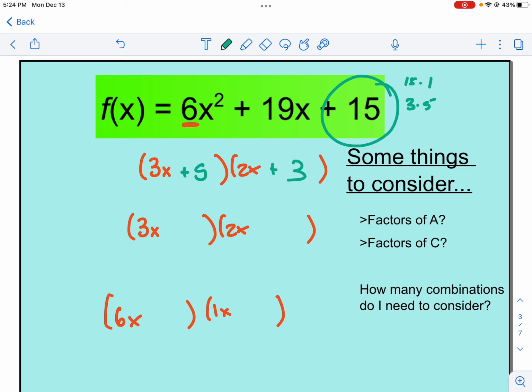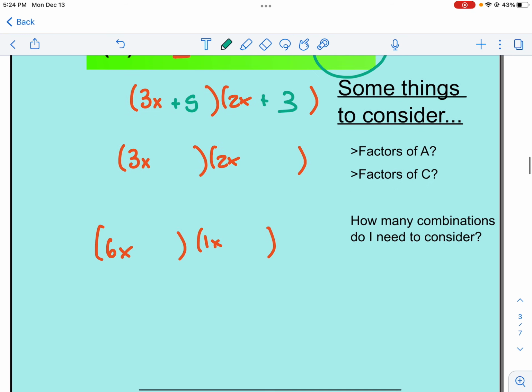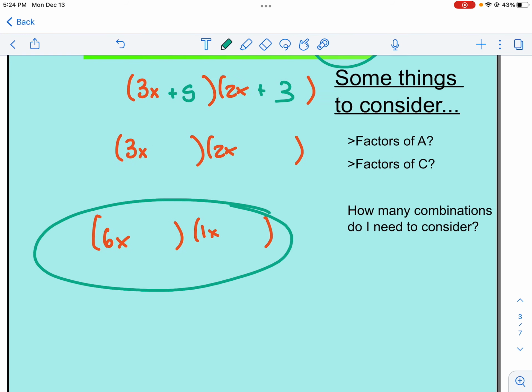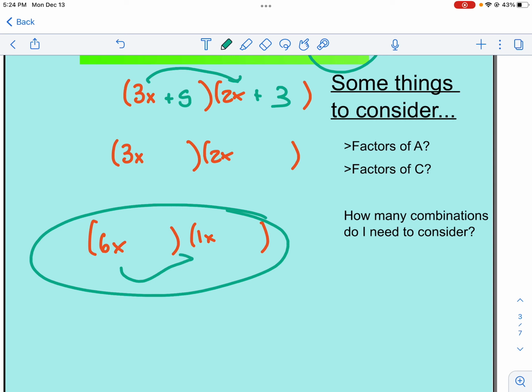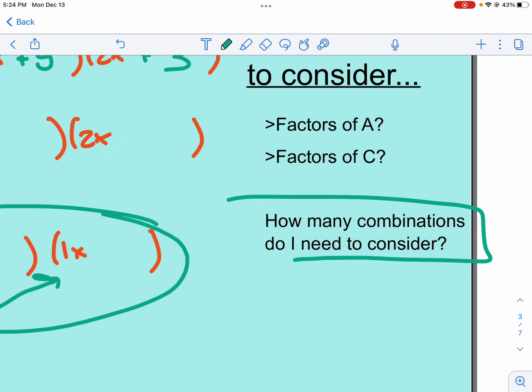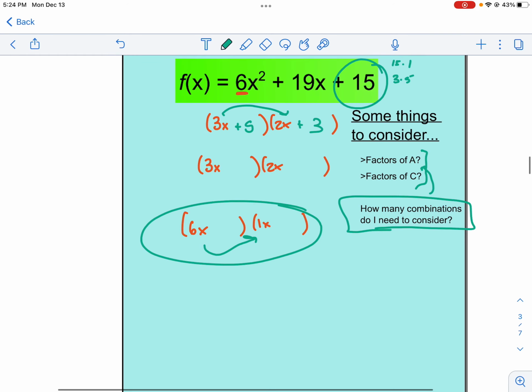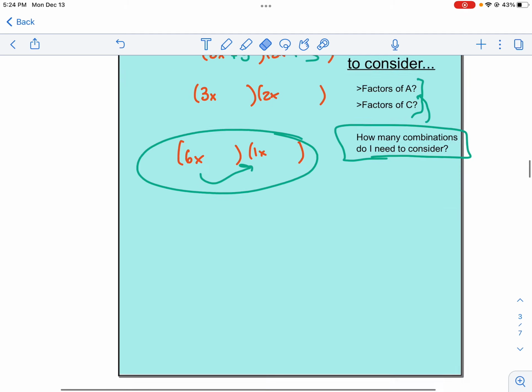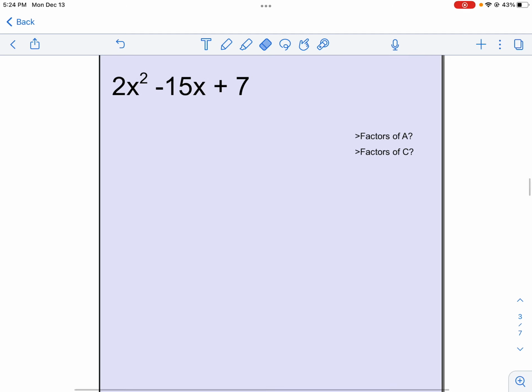And this just gets really long, because then you need to also consider, what if I don't do 3 times 2, but I just do 6 times 1? So there are lots of different combinations when we think of how many factors of A and C there are. For this one, I would probably use the AC method, the grouping method. So I'm going to skip that one. We can come back to it maybe at the end of the video, but I would really like to focus our time on brute force.